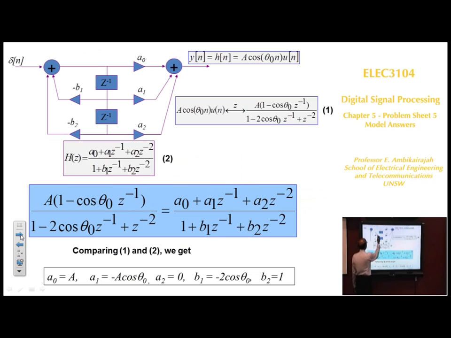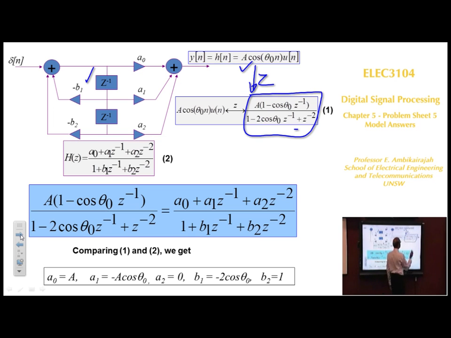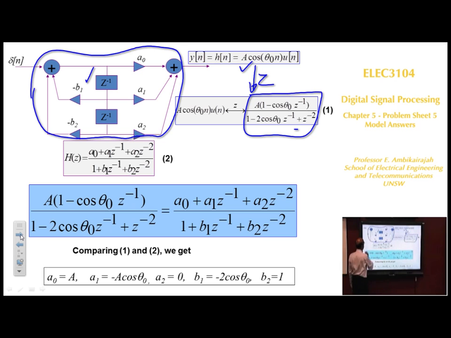So this is my structure, and this is what I want. What I did is I took the Z transform of that from the Z transform table. I got that equation. The Z transform table tells me that's my equation, which belongs to a second order system. So first I write the transfer function of this structure.